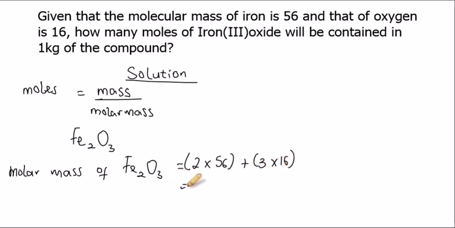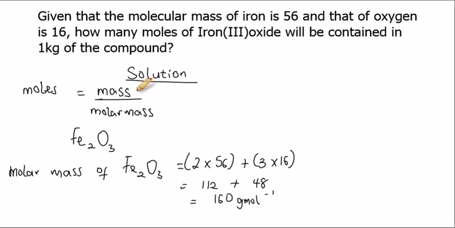In calculating this, 2 times 56 gives 112, plus 3 times 16, which is 48, giving a total of 160, and the unit is gram per mole. So we've gotten the molar mass of the compound.